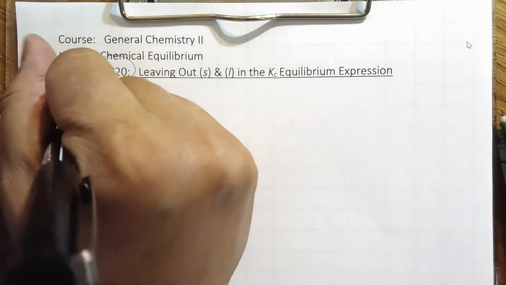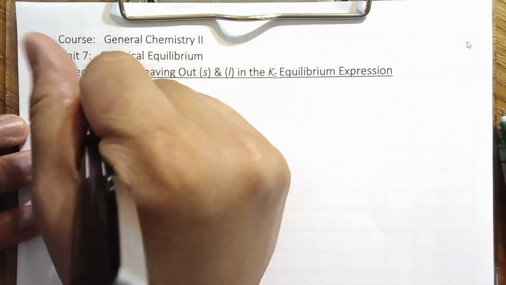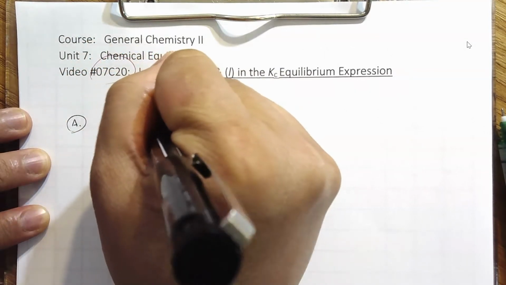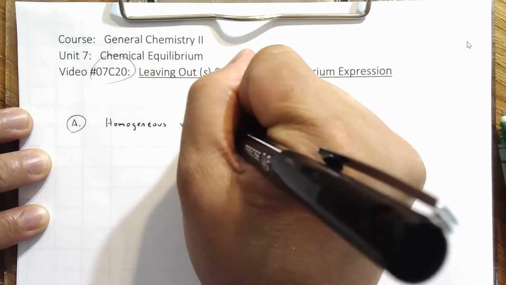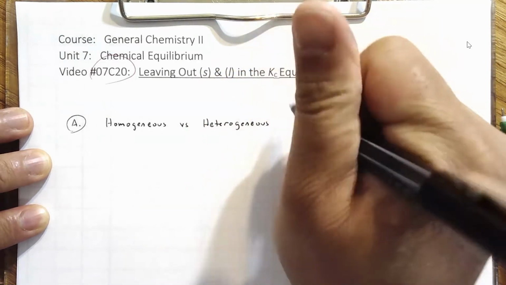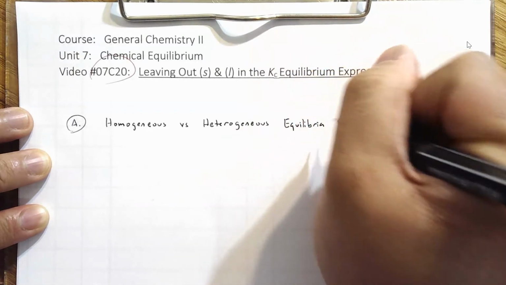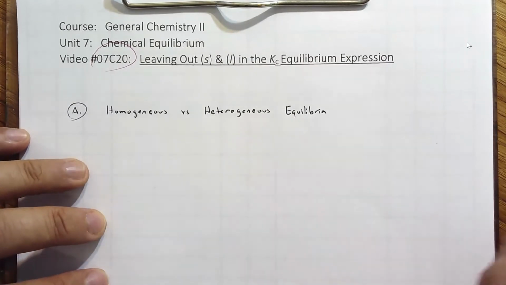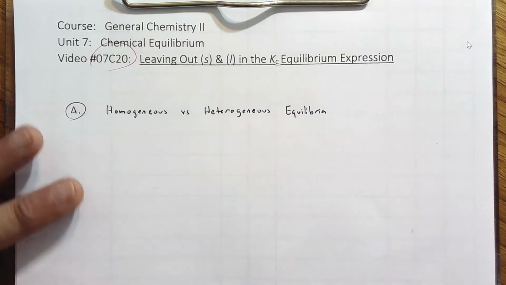I first want to describe two types of equilibria: homogeneous and heterogeneous equilibria. Homogeneous equilibria is when the reaction has every single compound in the same phase.